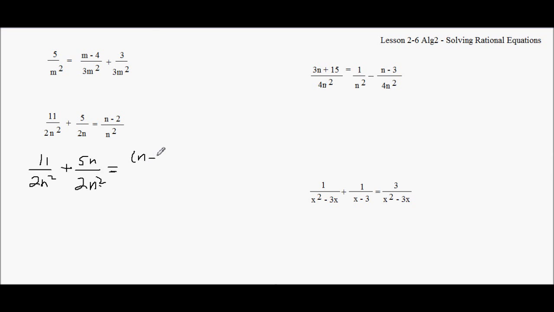So n times 2, this is going to be a quantity, so I have to multiply this by 2 over 2n squared. Okay, I've now just wiped out, I can wipe out the bottom. So that's what I'm going to do. I'm going to kill that off. It's a plus.